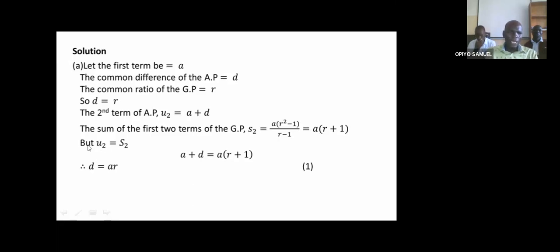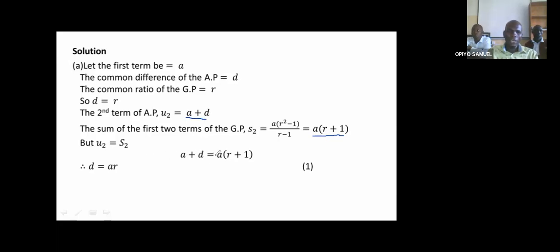Also, they said the second term of the AP equals the sum of the first 2 terms. So we simply equate this and that. We equate the expression we have obtained here and this one.